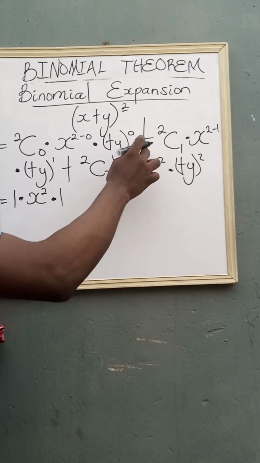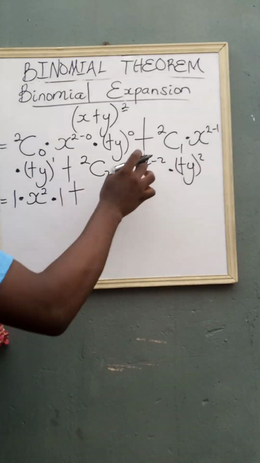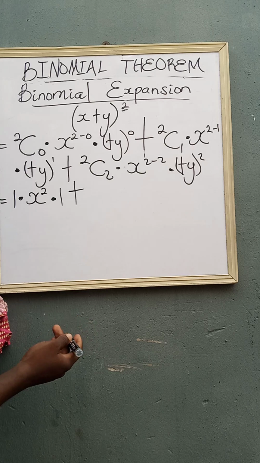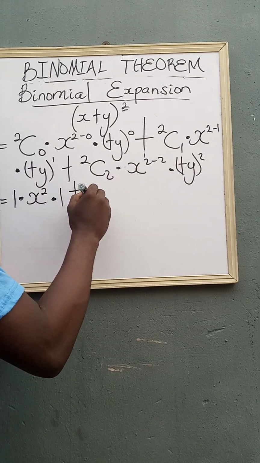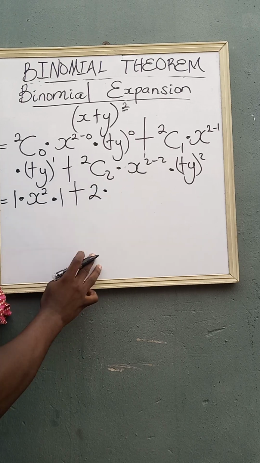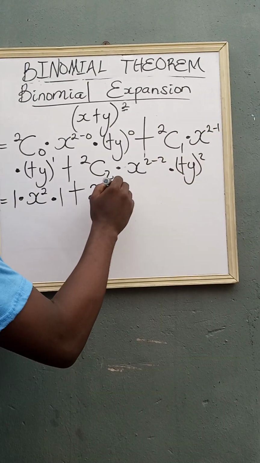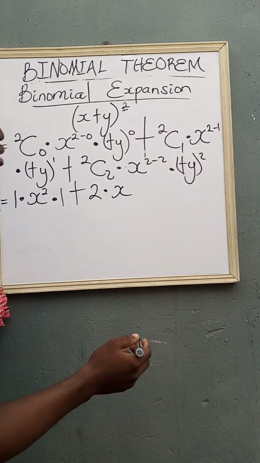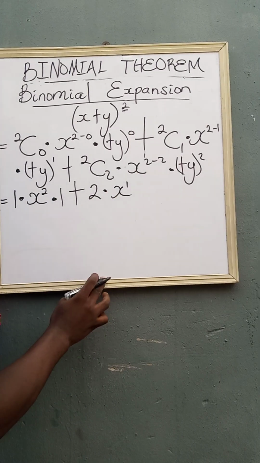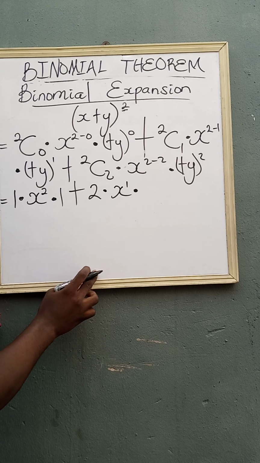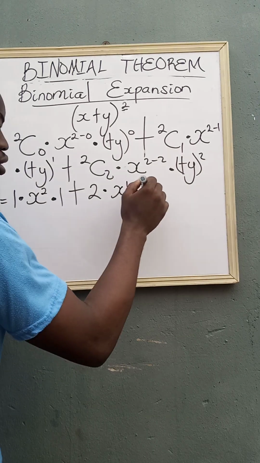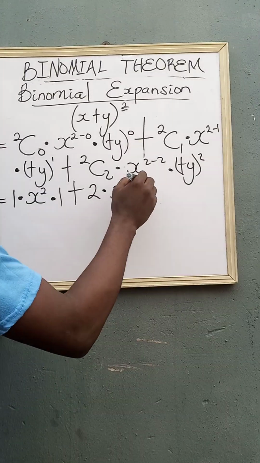Then add 2 combination 1, which gives us 2. Yes, you can do that. That gives 2 multiplied by x raised to the power of 2 minus 1, which gives 1, multiplied by plus y raised to the power of 1, which gives plus y.